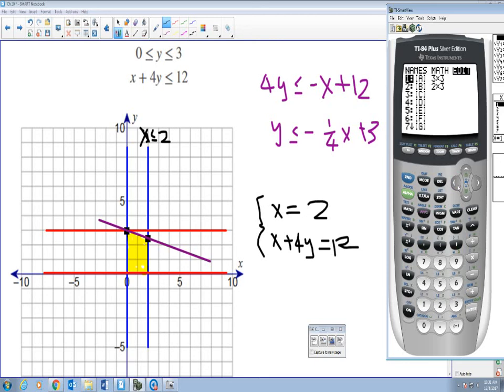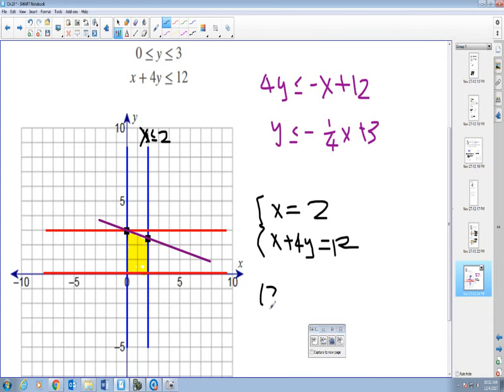No, 2 by 3, excuse me. Let's go back. 1, 0, 2; 1, 4, 12. So the point of intersection is 2 and 2.5. There's my x and y value.